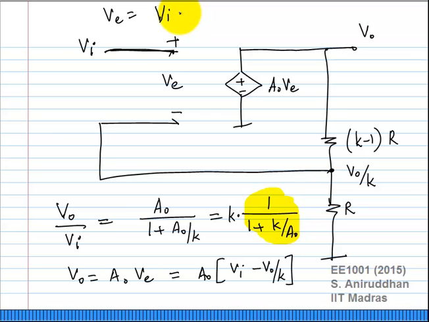I will write it here. What is VE? Into... Is this right? K by K plus A0. This is the expression for VE. Is VI into K by K plus A0. When A0 tends to infinity, VE should go to 0, and it does. Right?